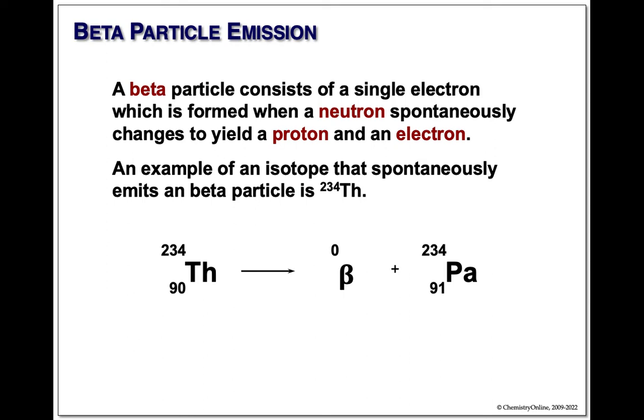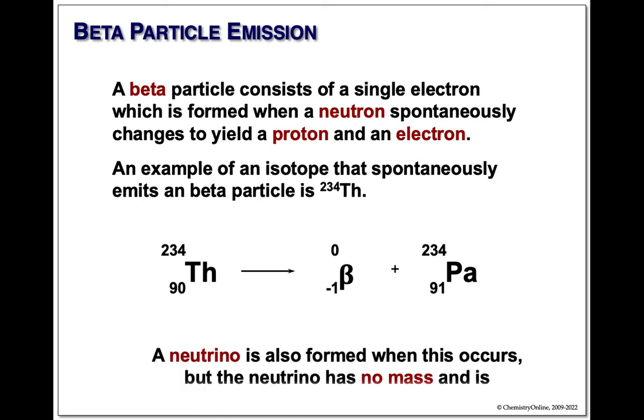Well, remember, in a nuclear equation, this side must add up to the same as this side. This is 91. This must be -1. Thorium loses a beta particle, becomes protactinium. Any questions?